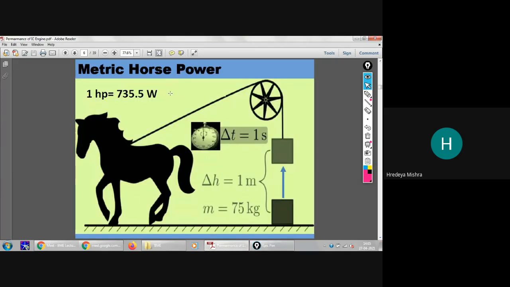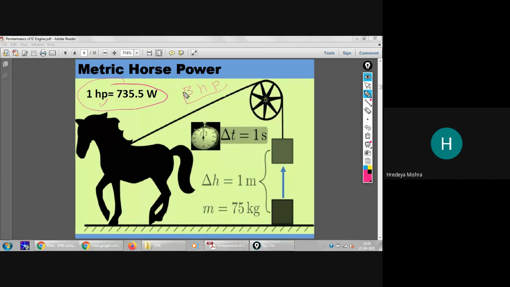Now metric horsepower. The capacity of the power is based on horsepower. Here we measure the engine power on the basis of HP.